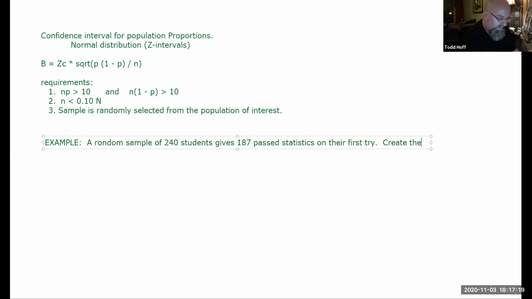Create the, let's go 90% confidence interval for the population proportion. Well, first of all, what does that 90% mean? That 90% is what determines our critical value. The Z critical comes from the 90%. So let's look at that first.